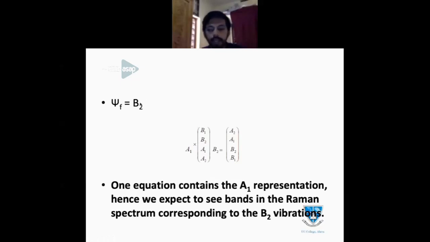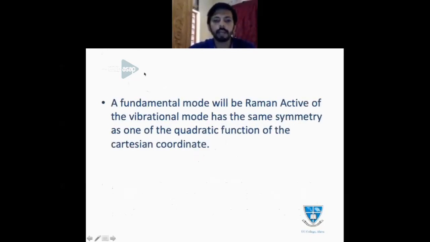A1 is Raman active, B2 is Raman active, A1 is IR active, and B2 is again IR active. So a fundamental mode will be Raman active if the vibrational mode has the same symmetry as one of the quadratic functions of the Cartesian coordinates.